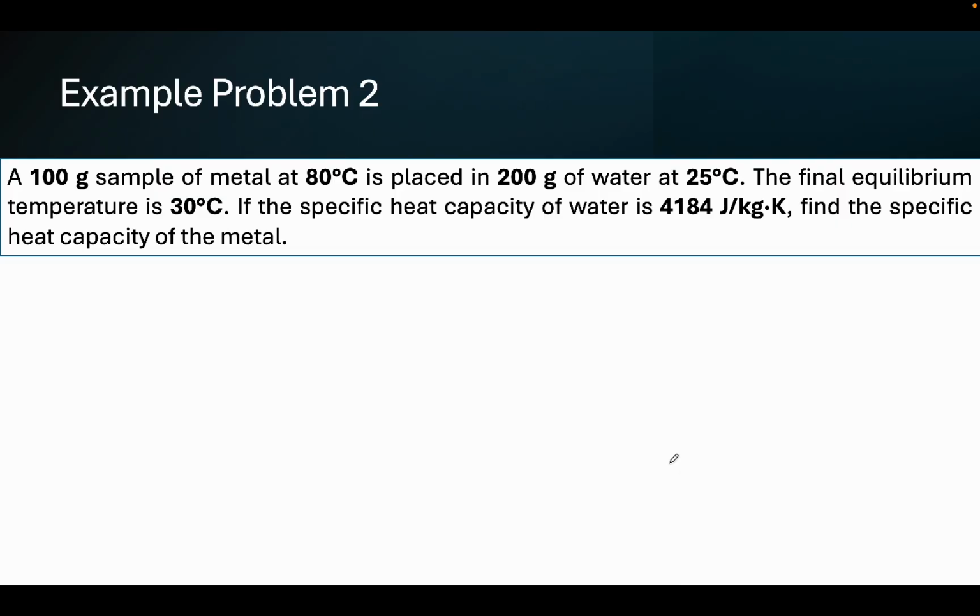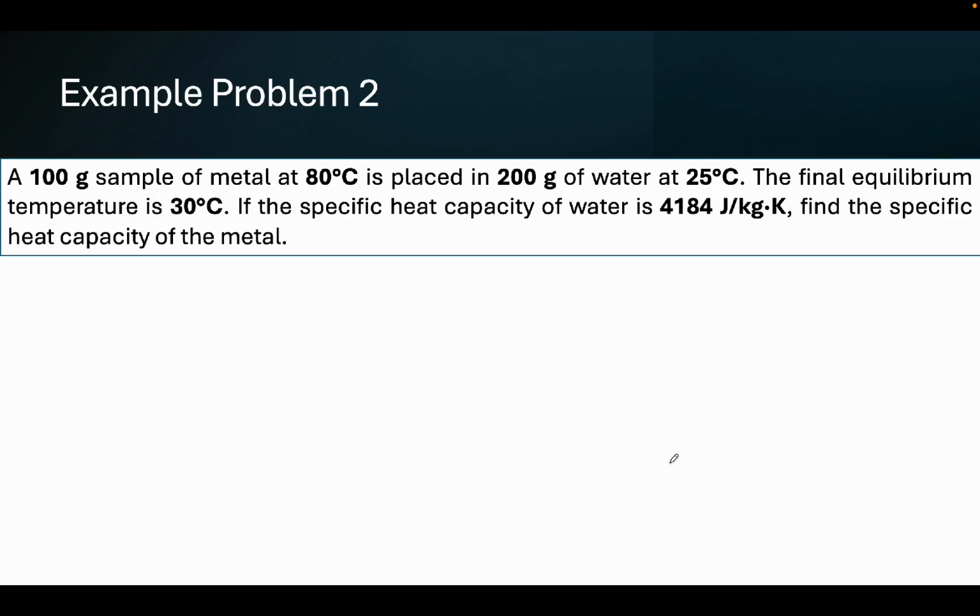Okay, so example problem number 2. This is for measuring the heat change in water. We have here a 100 gram sample of metal at 80 degrees Celsius placed in 200 grams of water at 25 degrees Celsius.